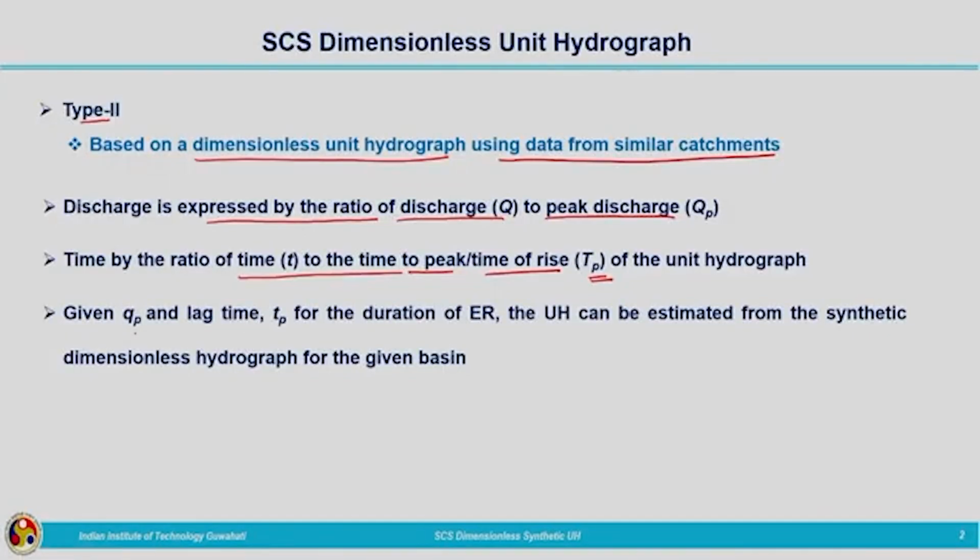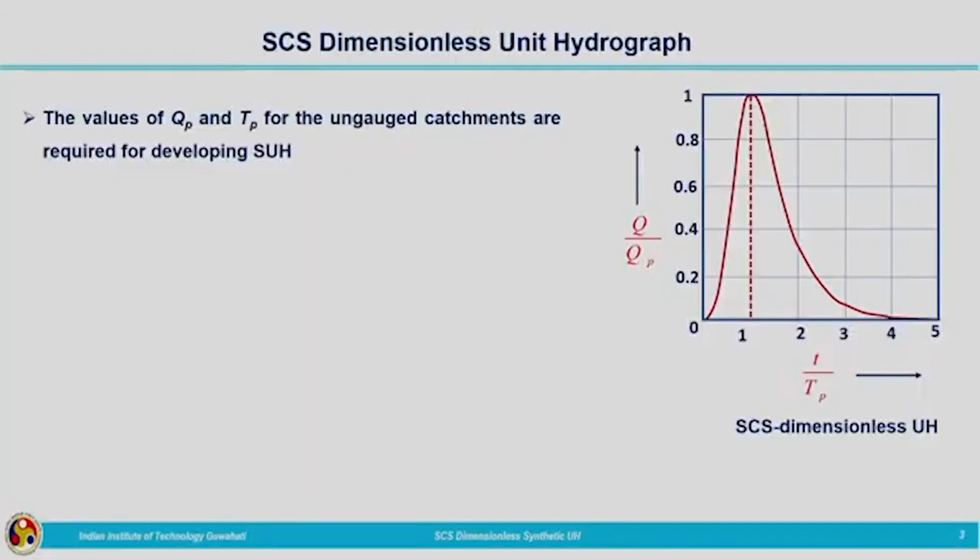Now given QP and lag time TP for the duration of effective rainfall, the unit hydrograph can be estimated from the synthetic dimensionless hydrograph for the given basin. We need to develop a synthetic unit hydrograph for a particular basin for an effective rainfall having a duration TP.